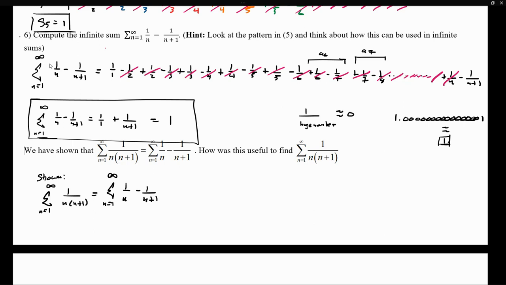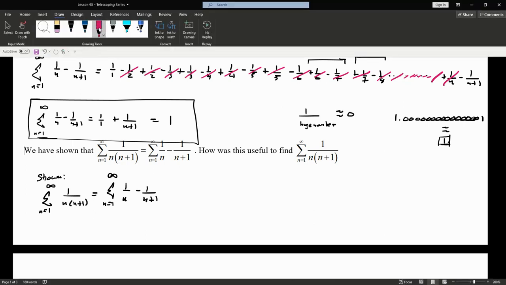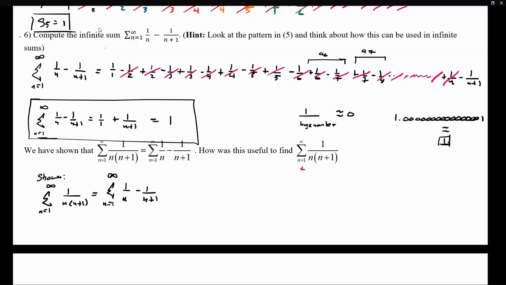But now, let's think about how this was useful to finding the infinite sum. How is this technique useful to finding the infinite sum of the original series that we were given?